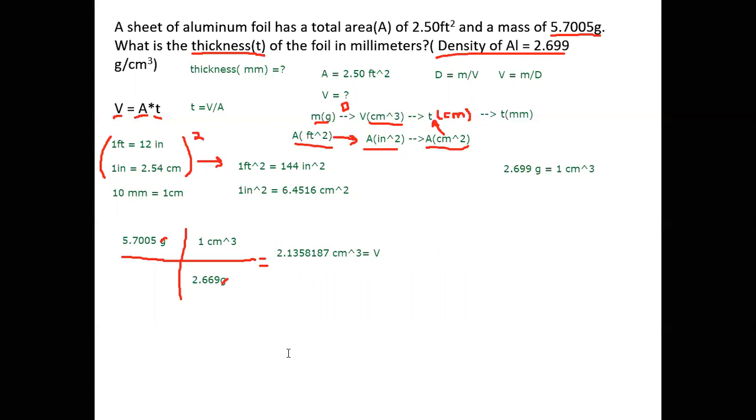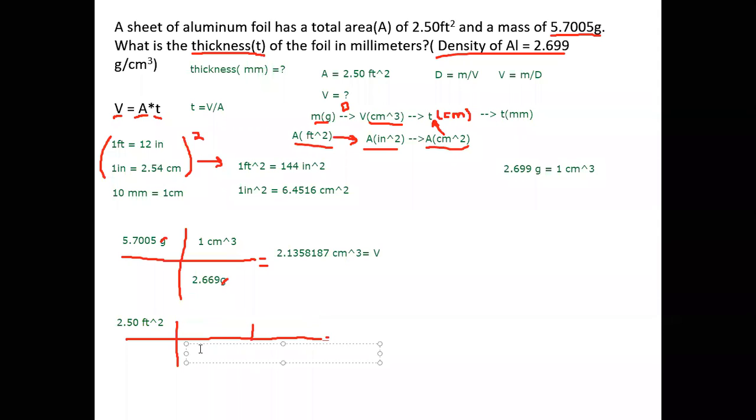Now we need to convert the surface area from feet squared to centimeters squared. And again, we're doing that so that we have the same base unit for both the cubed and squared terms. So we're starting with the surface area, 2.50 feet squared. Now, since we're starting with feet squared, in our first empty train track, we're going to convert feet squared to inches squared.